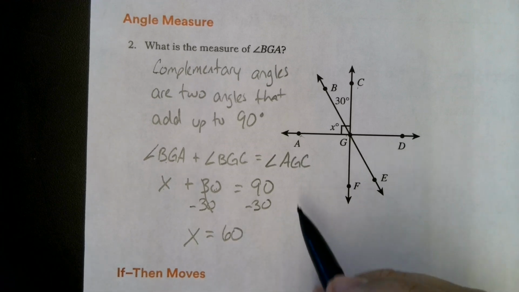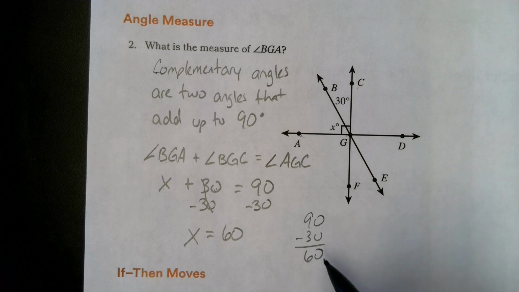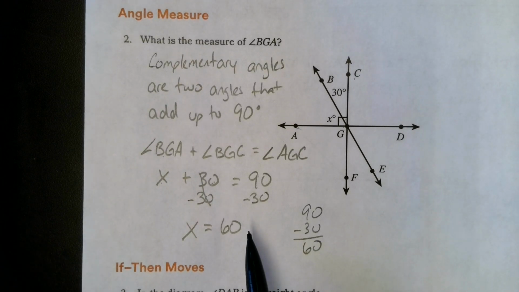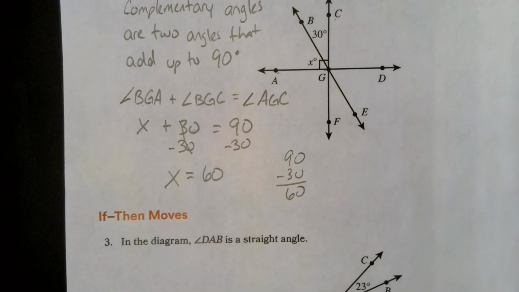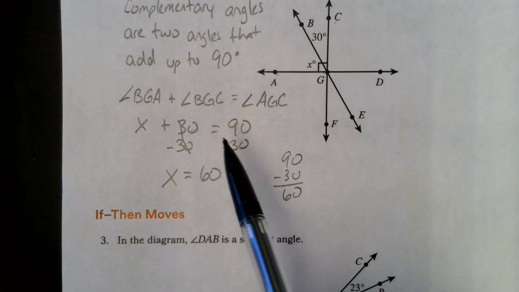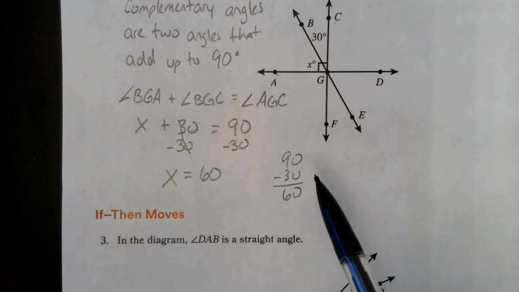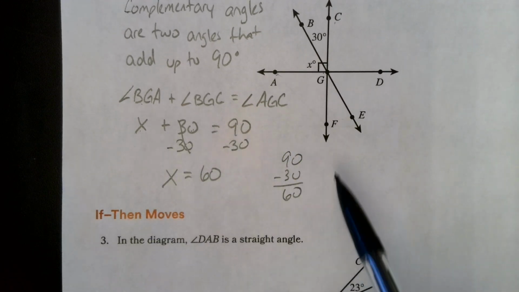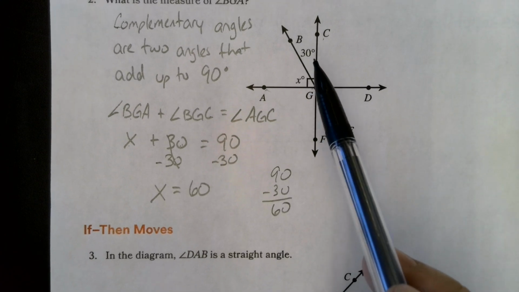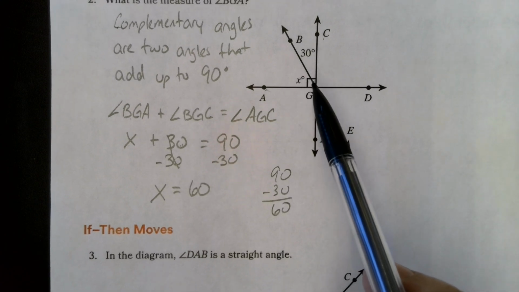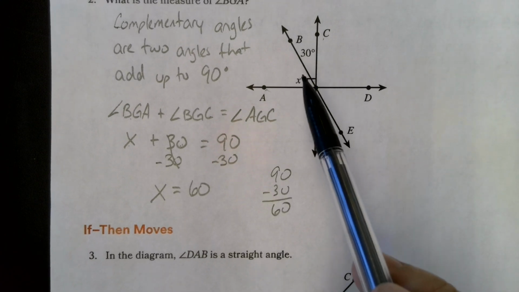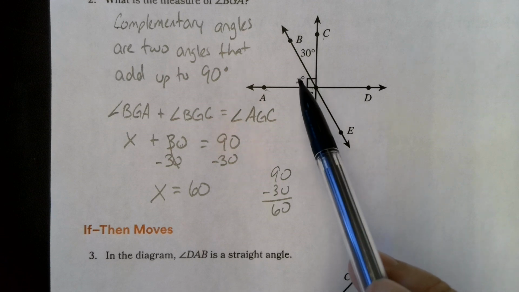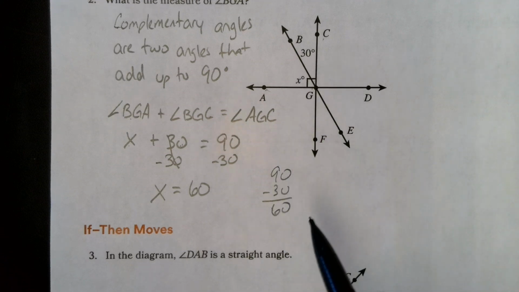You could also just say, oh, I know that 90 minus 30 equals 60. That is correct. But we also want to be able to see how we can solve this algebraically, not just say, hey, I know this. Look at this. That's 90, and that's 30. So 90 minus 30 gives me whatever's left, and that's 60.